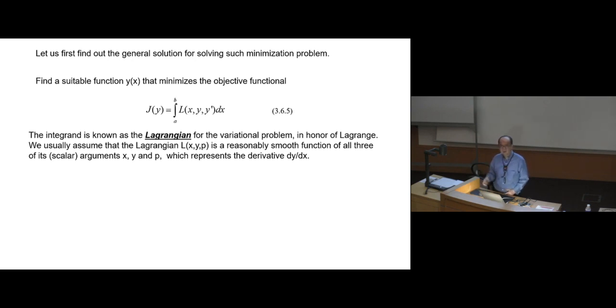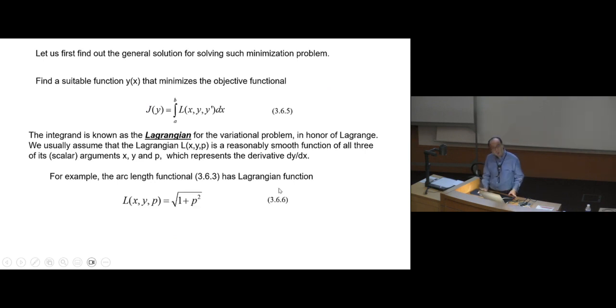For example, the arc length we want to minimize is the integral of the square root of 1 plus y dot squared. So the Lagrangian of x, y, p is just the square root of 1 plus p squared. Remember, p is y dot. Any questions?